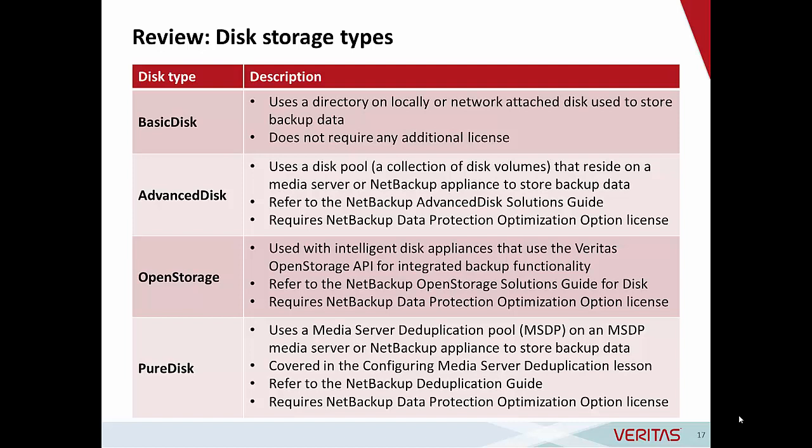Suppose the storage team provisions 25 volumes for me to use for my backups. I would then need to create 25 storage units in NetBackup and manage the capacity of them individually, and that makes administration more complex and unwieldy. I can use storage unit groups, and that'll help me out a little bit, but it still becomes cumbersome.